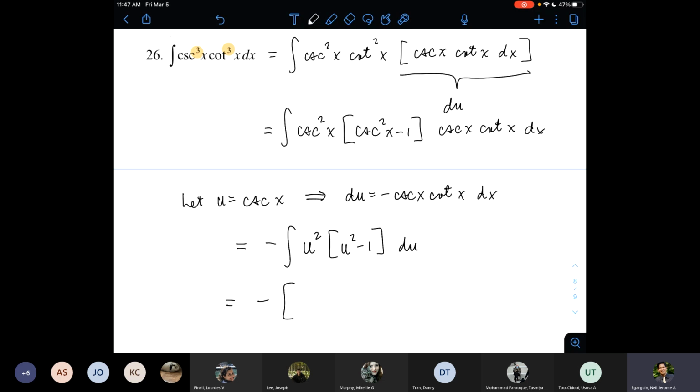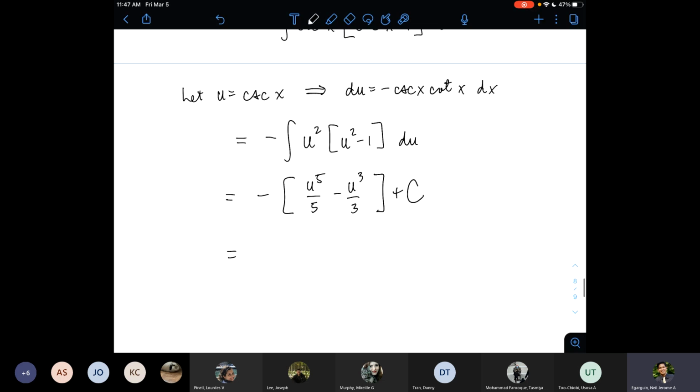That would be negative of u to the 5th over 5 minus u cubed over 3 plus the arbitrary constant c. And then let's revert to the original variable. So I can write it as cosecant cubed x over 3 minus cosecant to the 5th x all over 5 plus c.